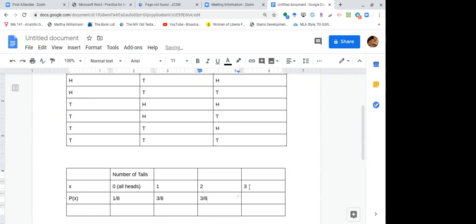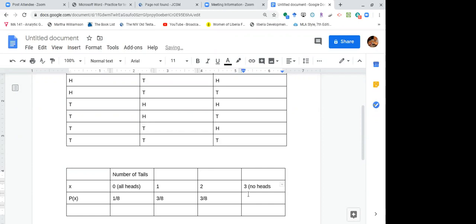And 3 tails would mean, or 3 heads, sorry, would mean no tails, right? Mm-hmm. And that's your 3, no heads, sorry. So this is because your X is the number of tails.